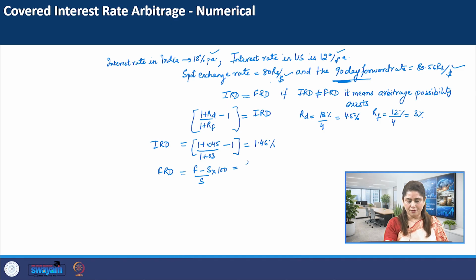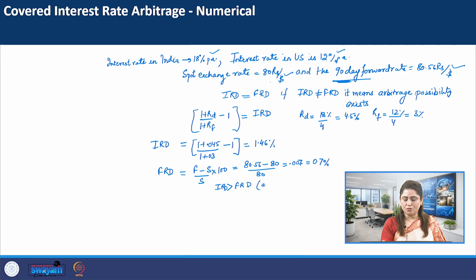So here we have (80.56 minus 80) upon 80, which gives us 0.007. So here 0.007 means 0.7%.